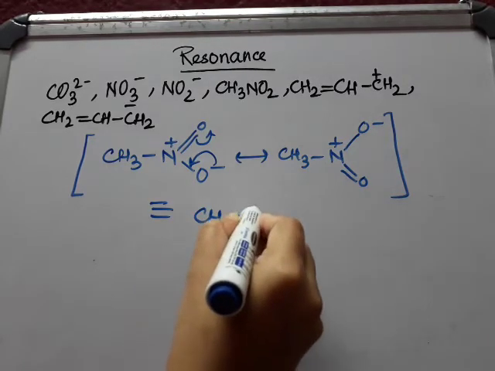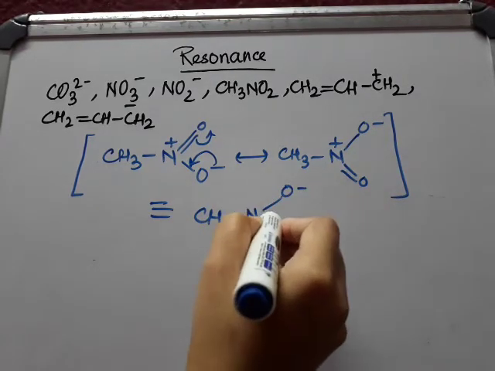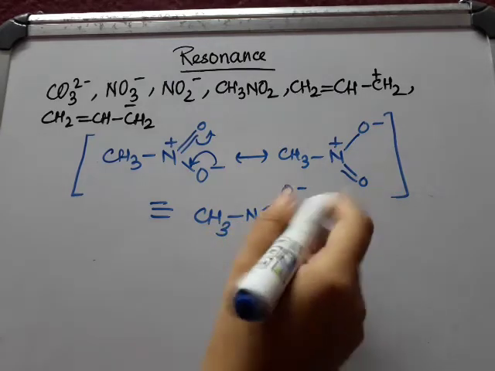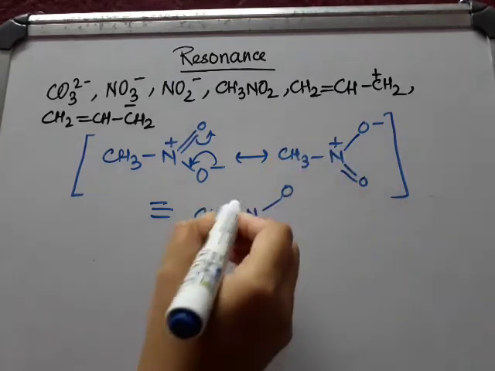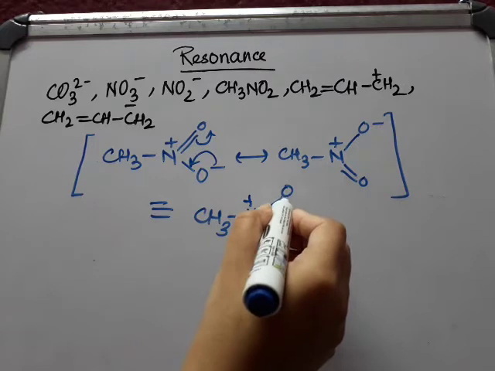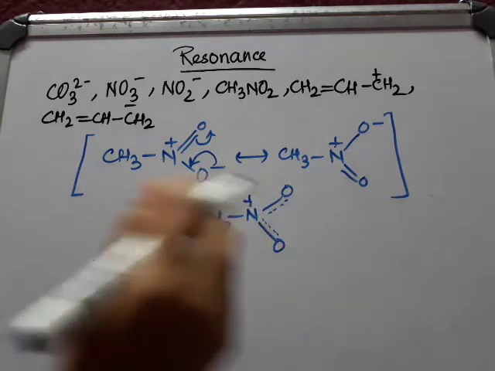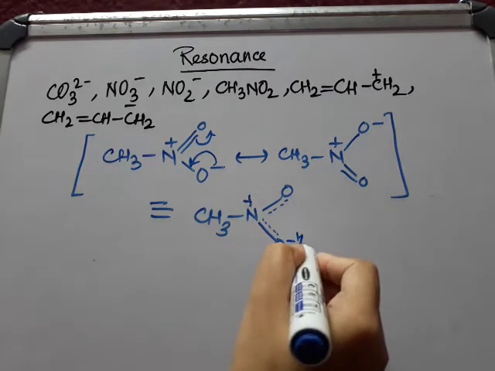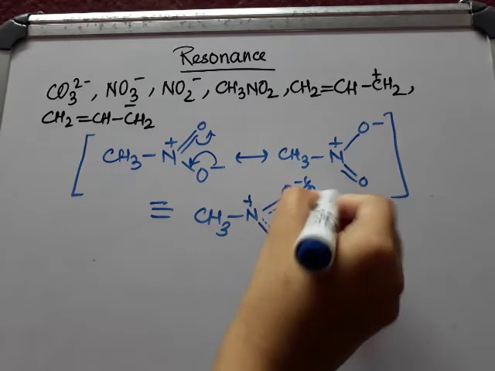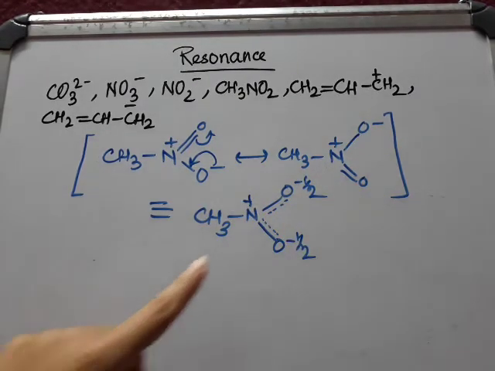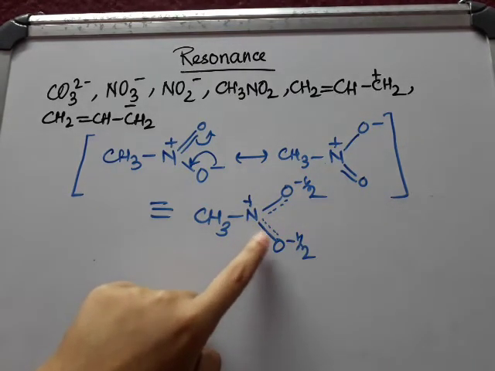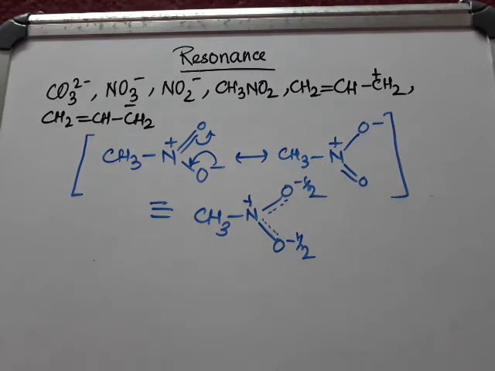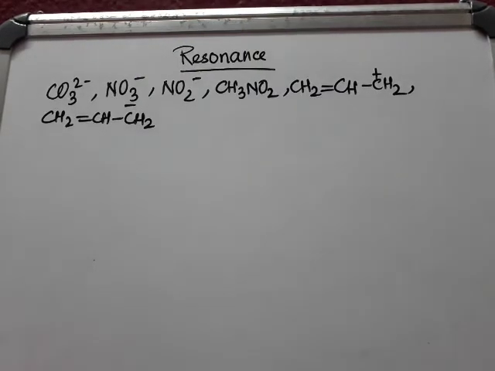Here also two of the nitrogen oxygen bonds are getting partial double bond character, and for that reason the two nitrogen oxygen bonds are similar in length. Next is allyl carbocation and allyl carbanion.